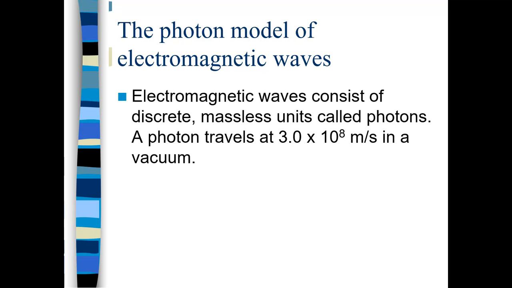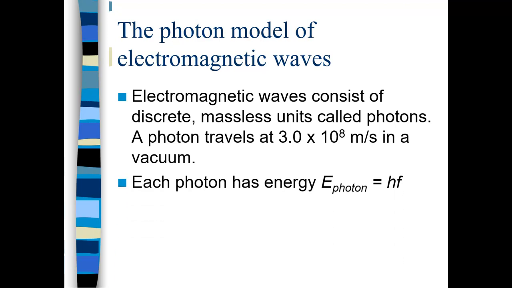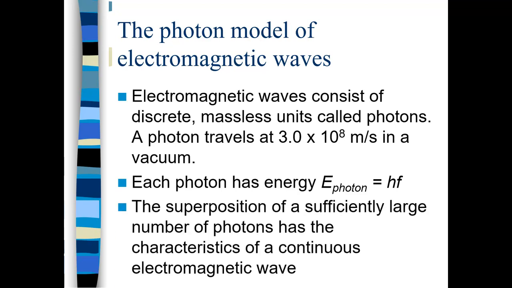Okay, so in the photon model, all electromagnetic waves consist of discrete massless units called photons. Photons travel at the speed of light in a vacuum. Each photon has the energy of h, Planck's constant, times f, the frequency. And if we superimpose a large number of photons, it will have the characteristic of a continuous wave.